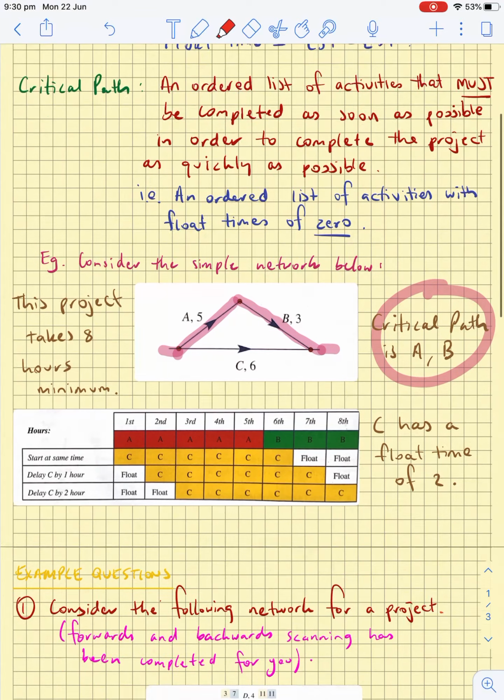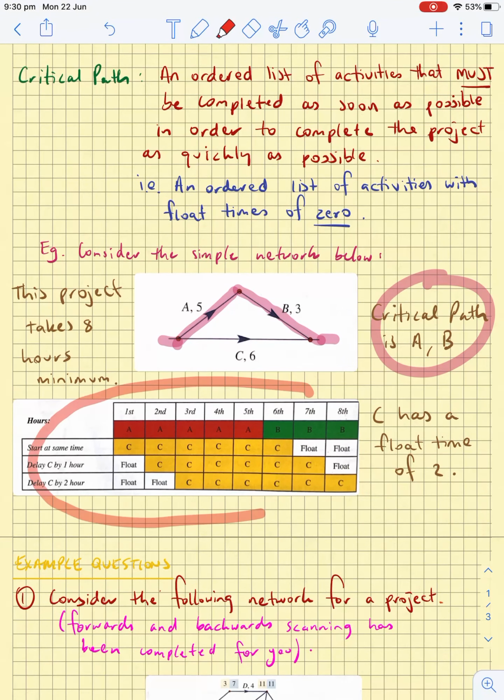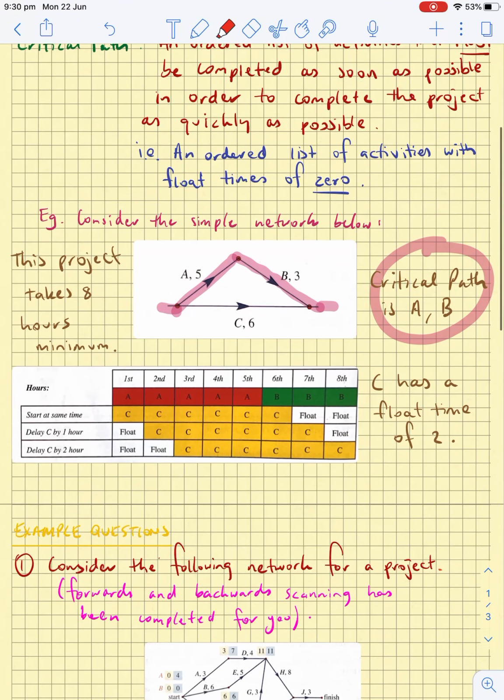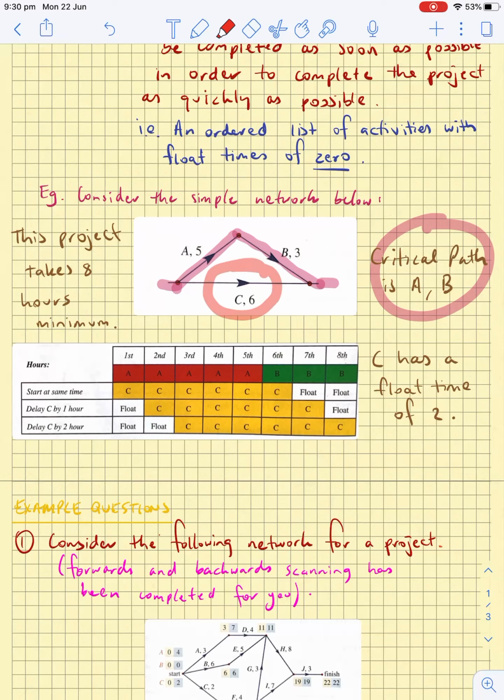This diagram shows what the float time of C would be. Because C only takes 6 hours, which is 2 hours less than this path, we can delay starting it. If you look at the diagram, the first 5 hours have to be activity A. We need to start this one ASAP. It's part of our critical path.